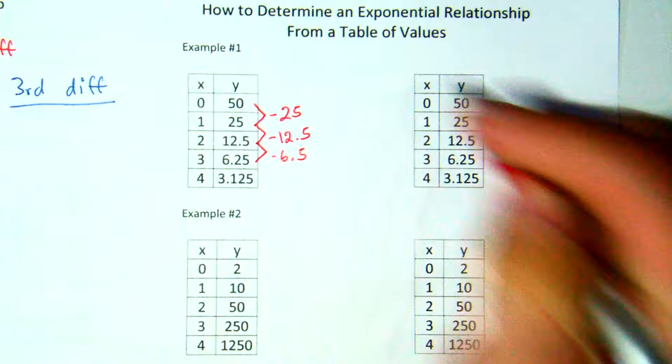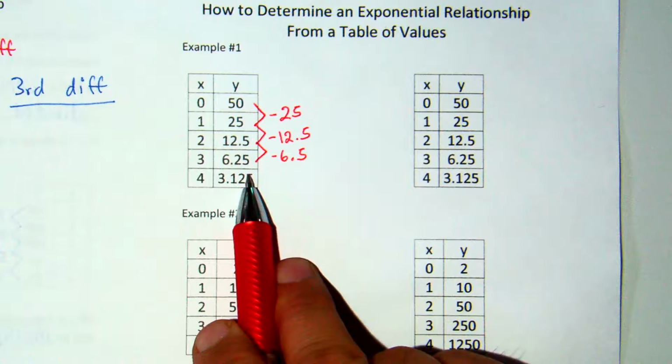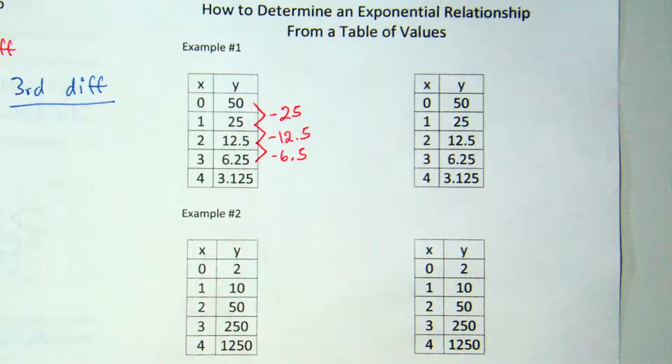I'm going to stop there because we're starting to see those numbers all over again. You could try it one more time to see that this would be negative 3.125.